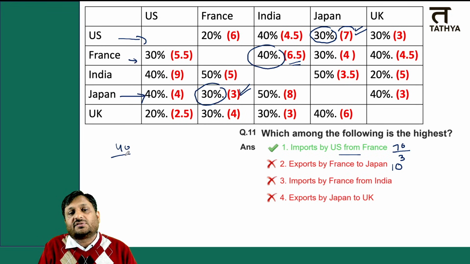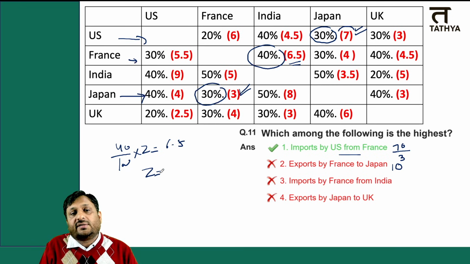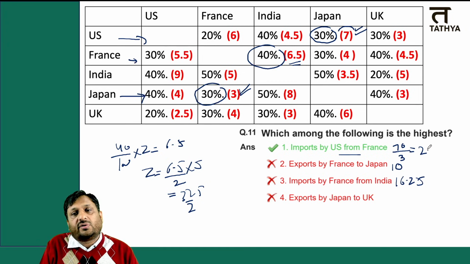So 40% of total import is $6.5 billion. So Z is 6.5 divided by 2 multiplied by 5. It should be 32.5 by 2, or it should be 16.25, isn't it? And how much was this? It was 23.33 if I am not wrong.